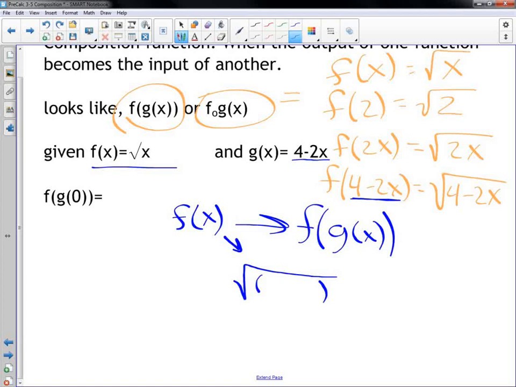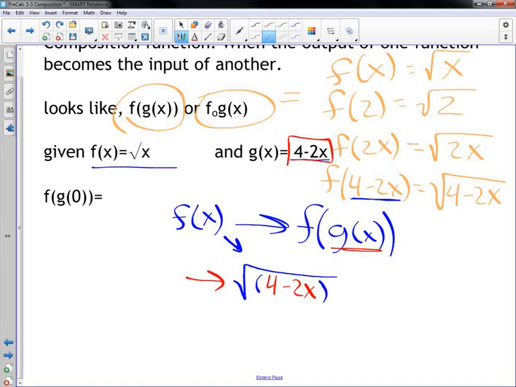Then I'm going to plug in g of x. Now I look over here at g of x and I say, okay, inside my parentheses, I'm going to put 4 minus 2x. Now we have f of g of x.